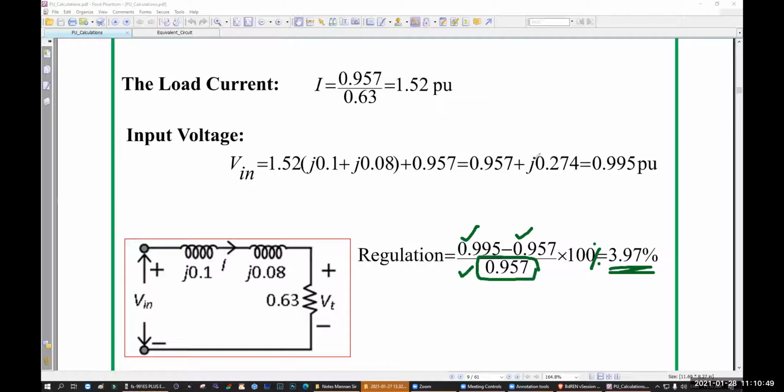Now, how much voltage regulation is allowed? Do you know that? What percent voltage regulation is allowed? What is the maximum amount of voltage regulation that is allowed? We don't know, sir.